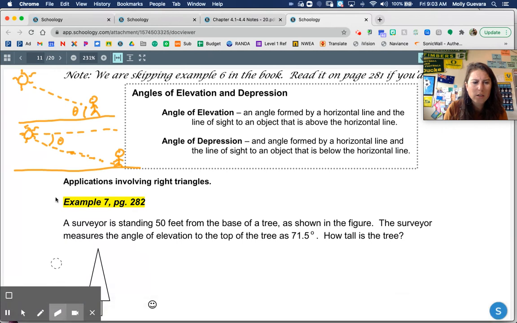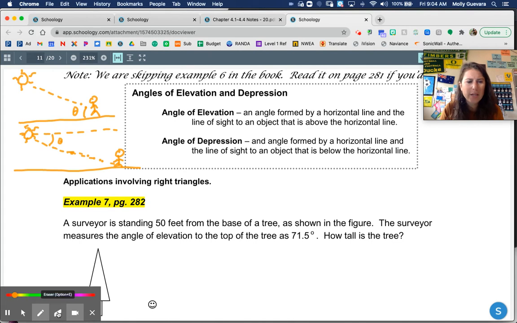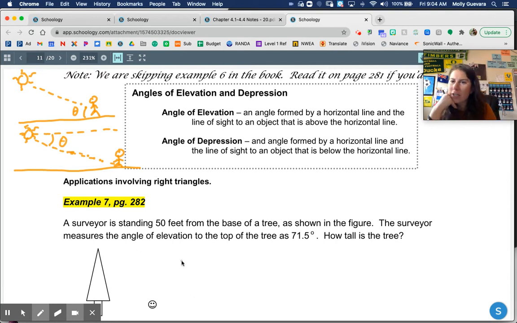Oops, do not want my notes to open. Better. Apparently I can't draw theta that small. So that's usually the tricky part with the angle of depression: it always has to come from that horizontal line of wherever the object is. So it's the horizontal line and it's always below the horizontal line. Okay.